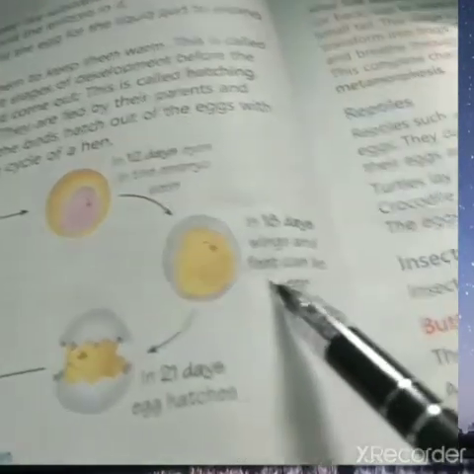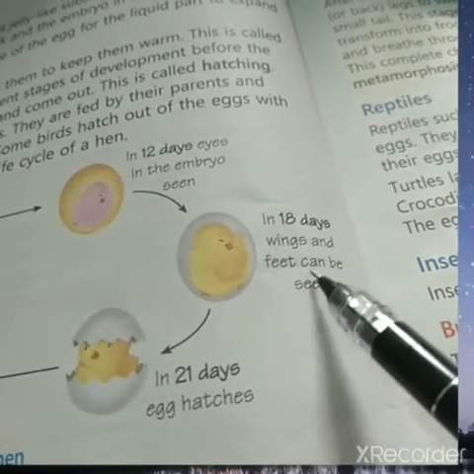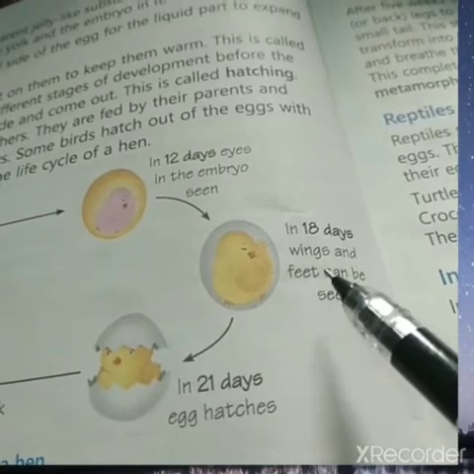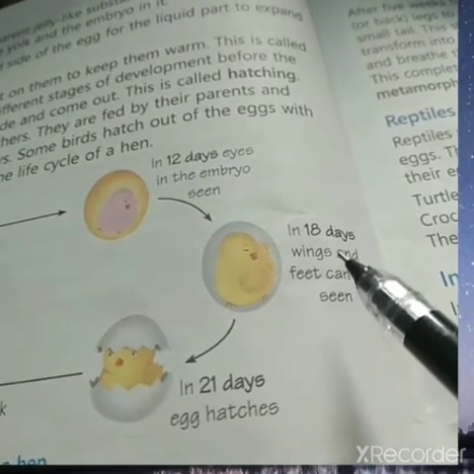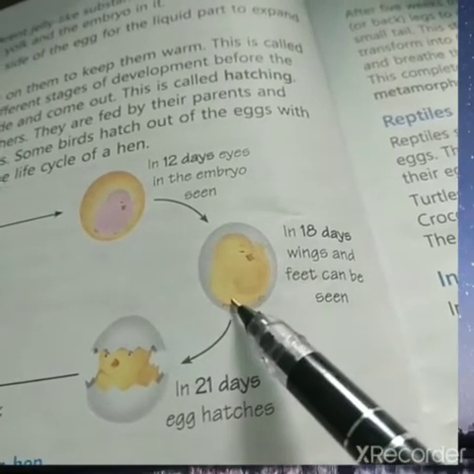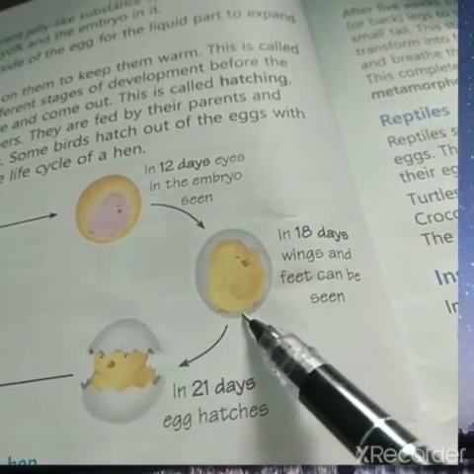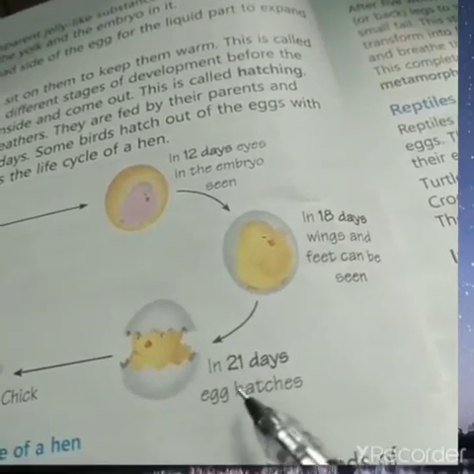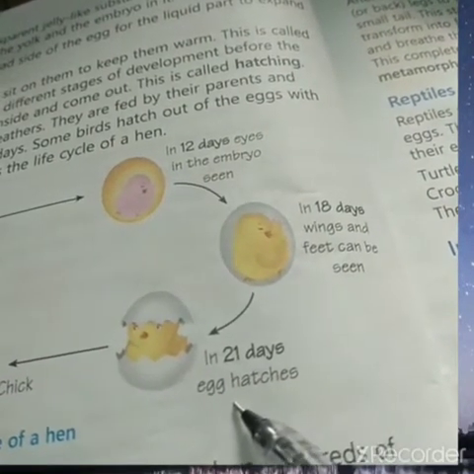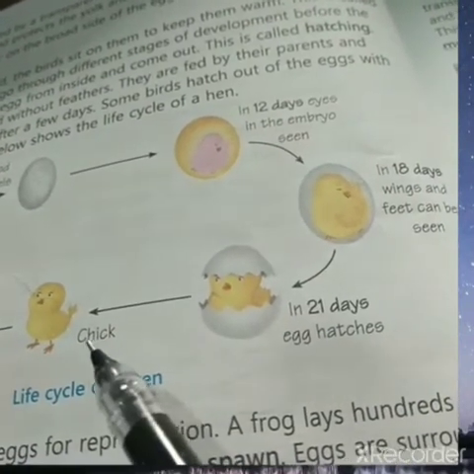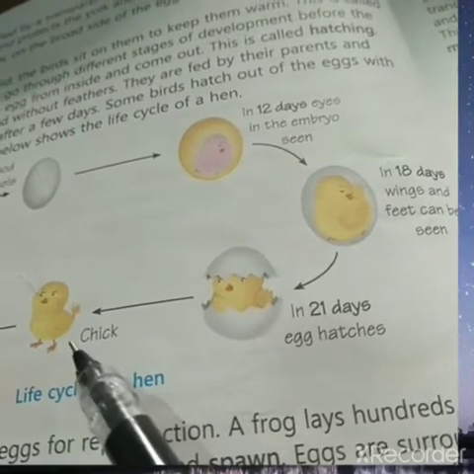After 18 days, wings and feet can be seen in the embryo. In 21 days, the egg hatches and then the chick comes out from the egg.